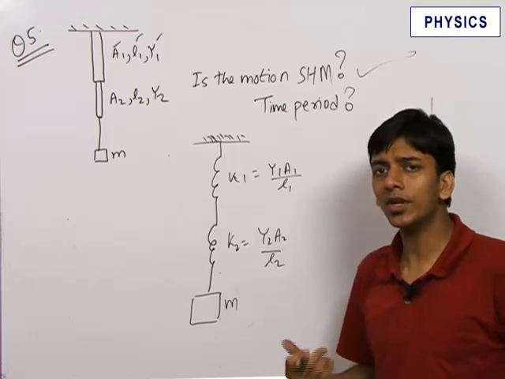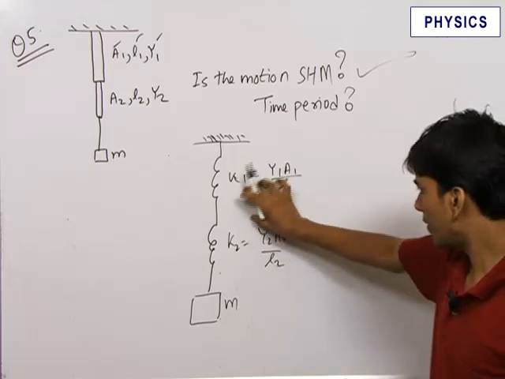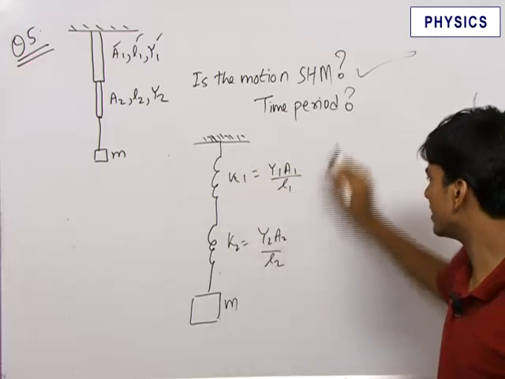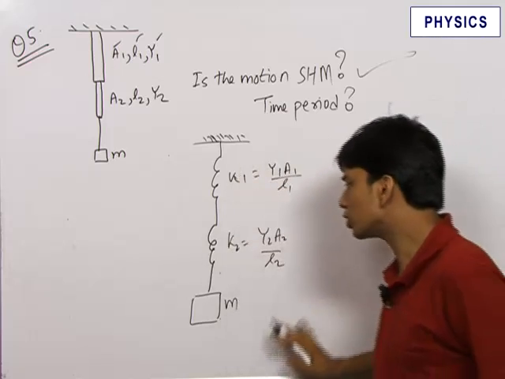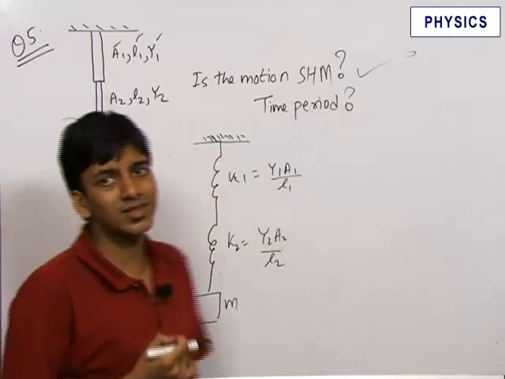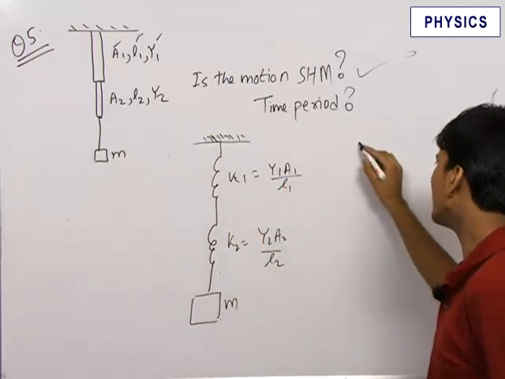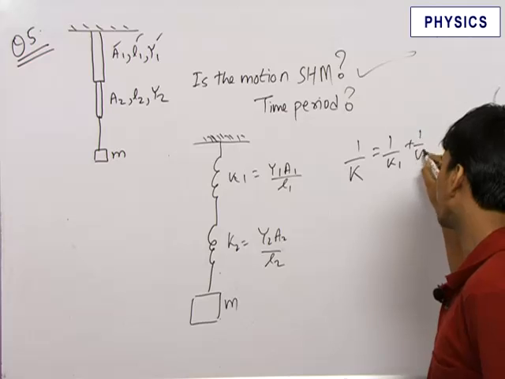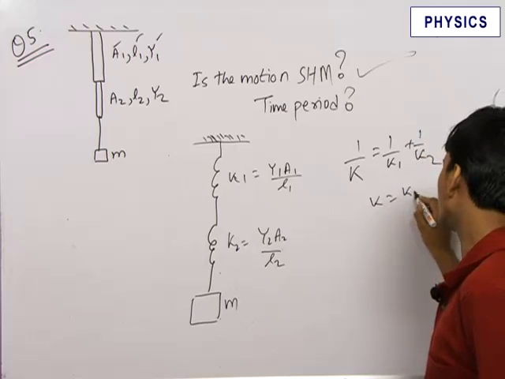Now to find out the time period of this SHM, we apply the formula for combination of two springs in series. The formula for combination of two springs in series comes out to be equal to the formula for resistances in parallel. Therefore the resultant spring constant is 1 upon K equals 1 upon K1 plus 1 upon K2. The final answer comes out to be K1 K2 upon K1 plus K2.